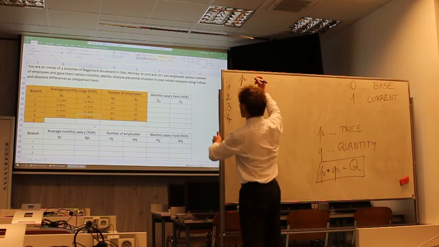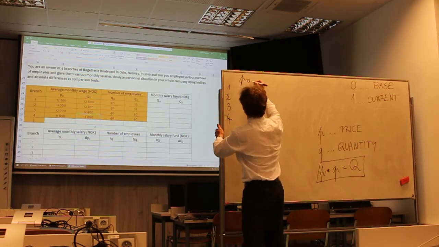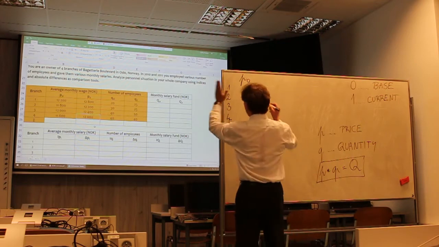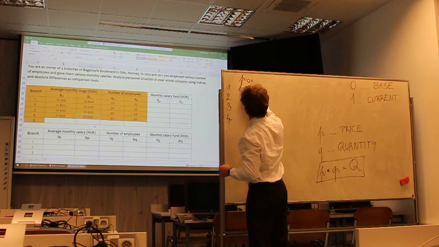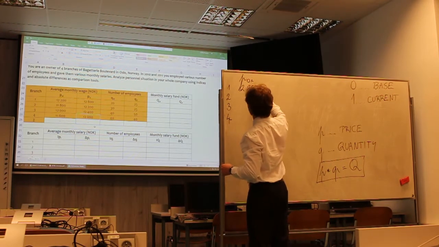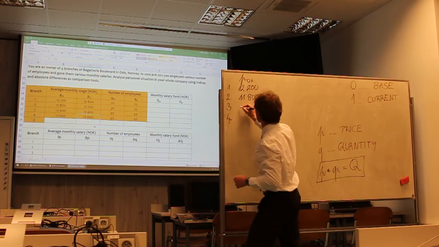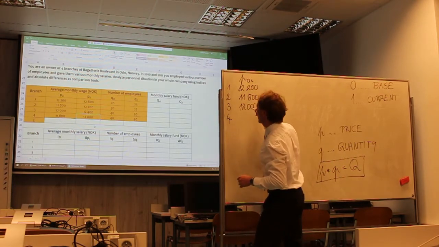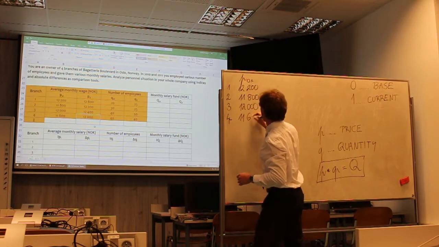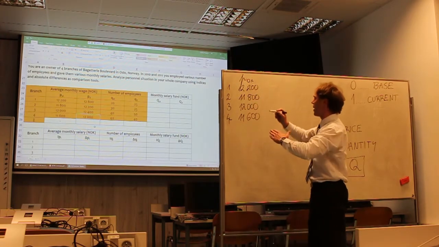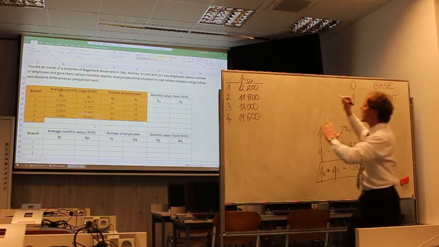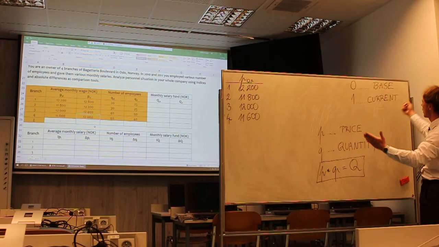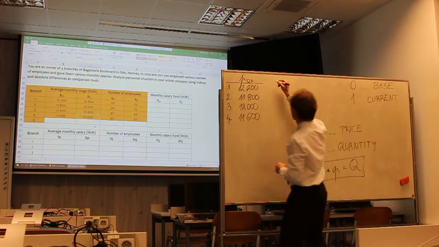So price in period 0 in year 2010, in each branch office, 12,200, 11,800, 12,000, 11,600.